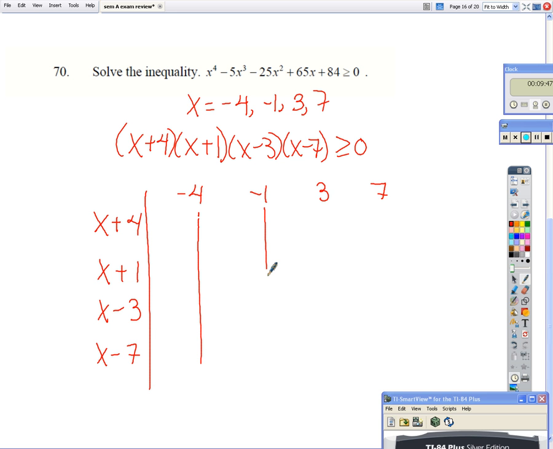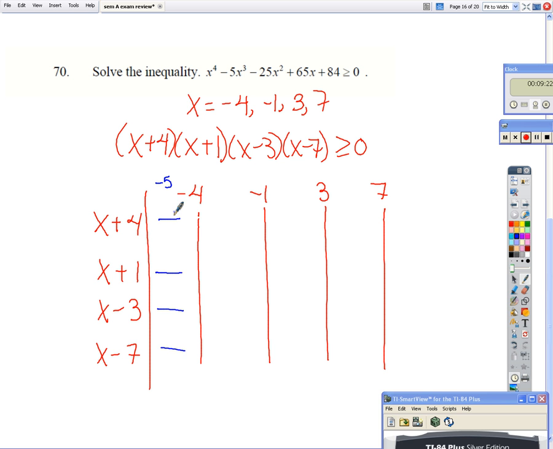I know at all of these points there's a 0. So for each factor, I'll pick a number less than -4, let's pretend and say -5. I could pick any number less than -4. And when I plug that into each factor, am I going to get a positive or negative? This would be negative, negative, negative, and negative.